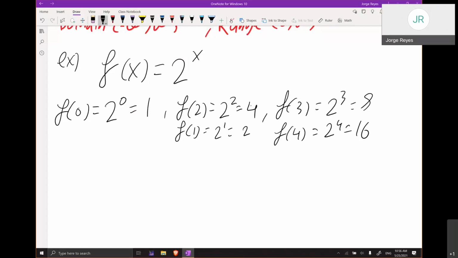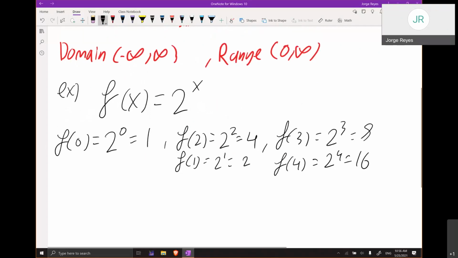But remember, the domain is everything, so I can plug in negative numbers. What happens when I try that? What's negative 1? That's 2 to the power negative 1, which you should remember from way back in chapter 1, that if a negative is in the power slot, you just flip it across the denominator.